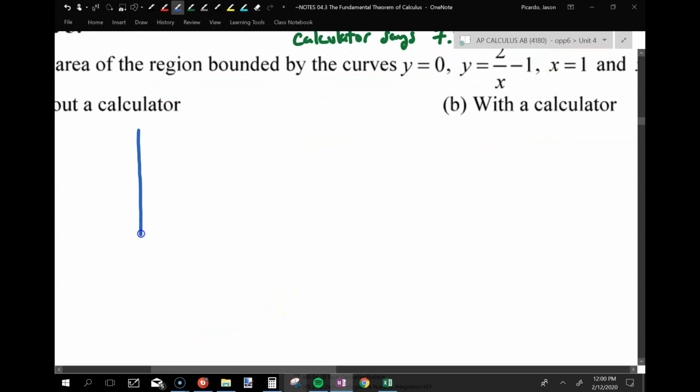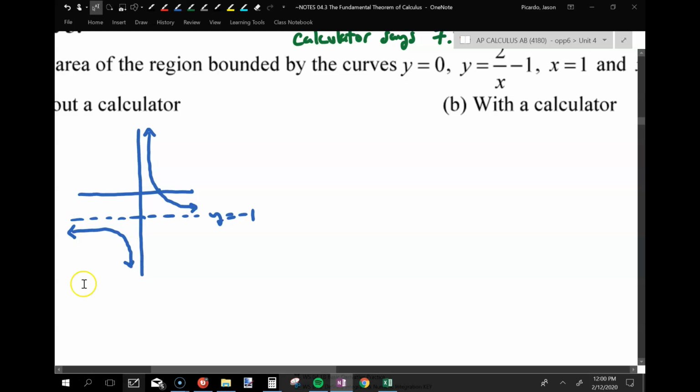So this one essentially is going to look like this. Right? So it's one of those curves that's been shifted down.